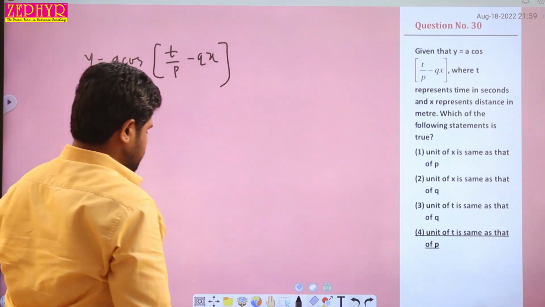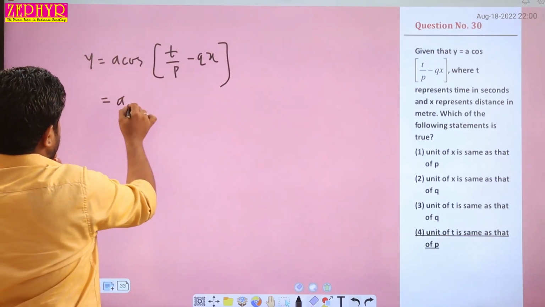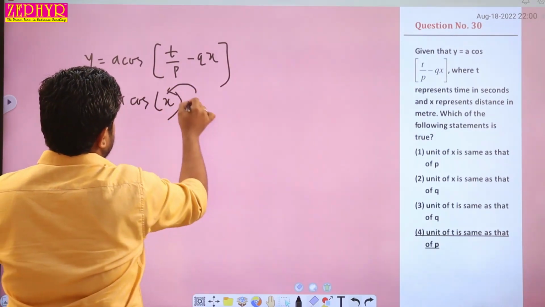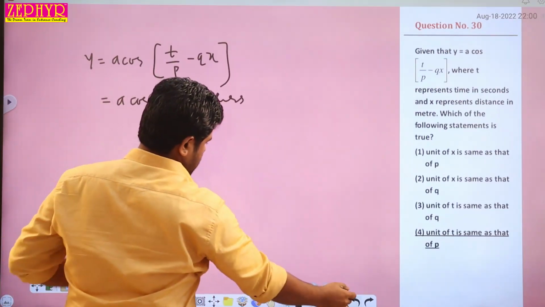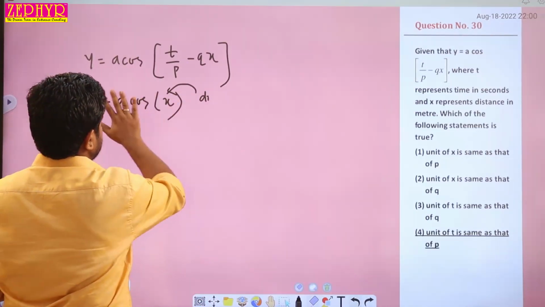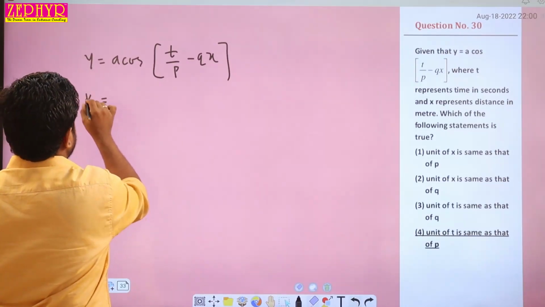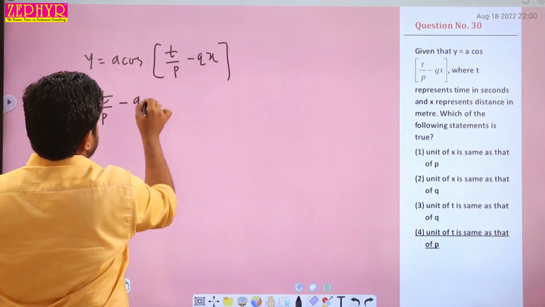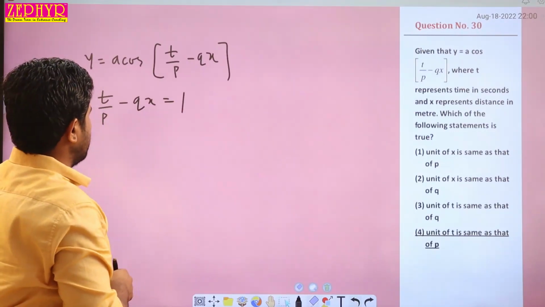See here, consider the term inside the cosine. Actually this is a dimensionless quantity. That means t by p minus qx is dimensionless, so it is equal to 1.